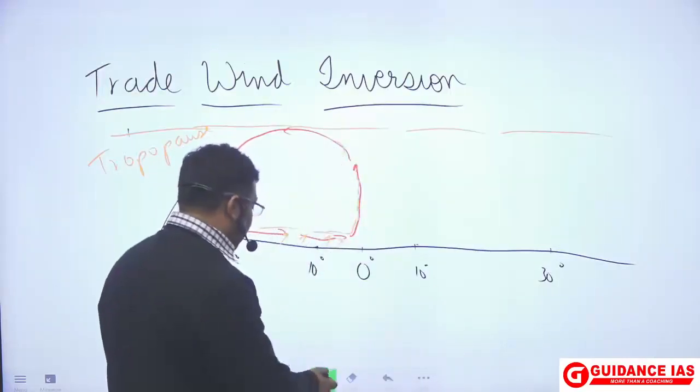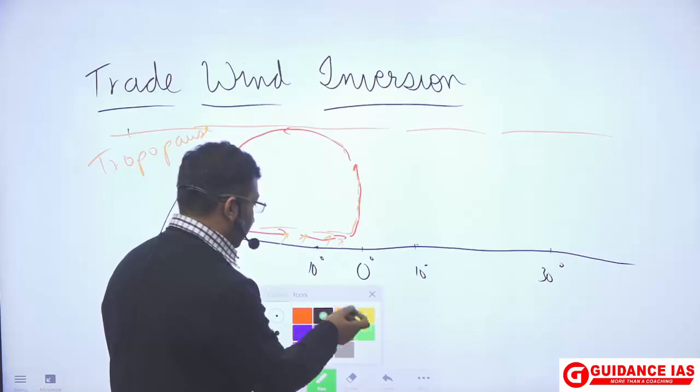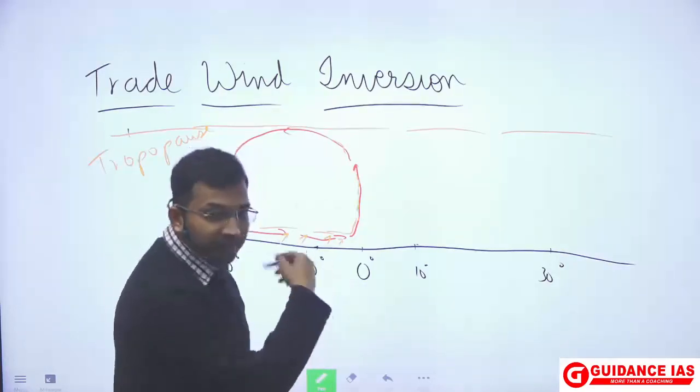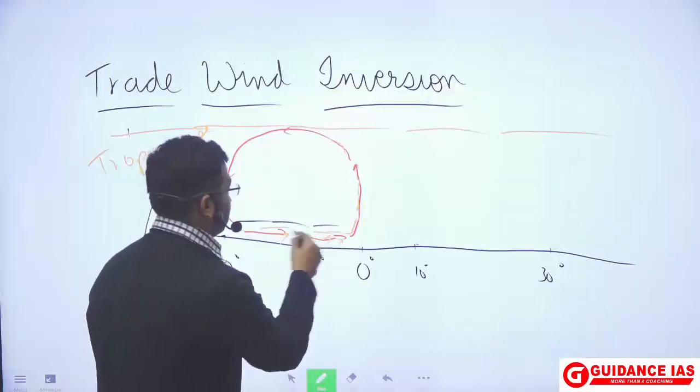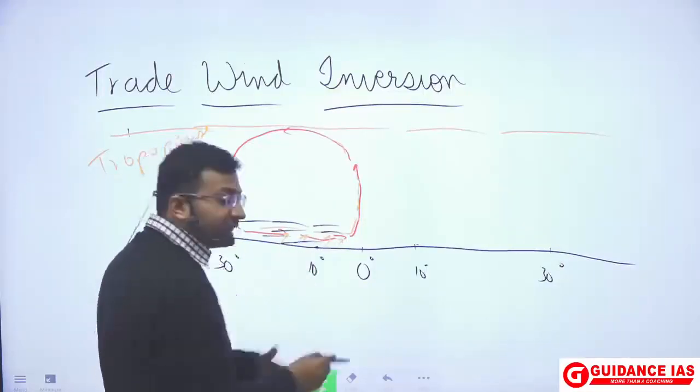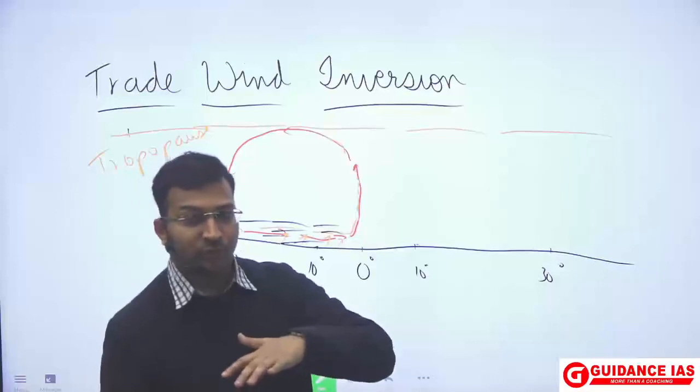But this air mass is not one single line. There is a thick layer of air mass that is moving.